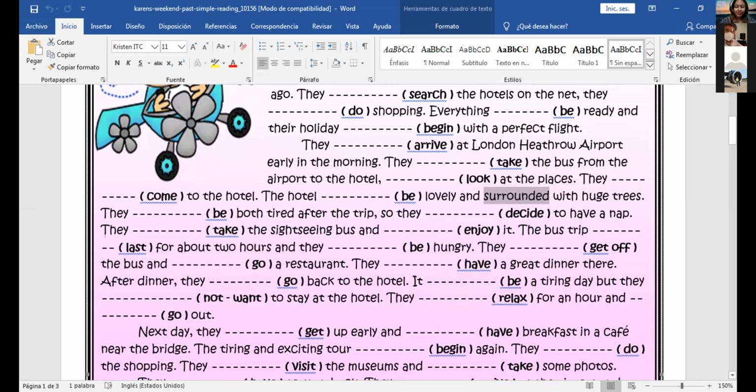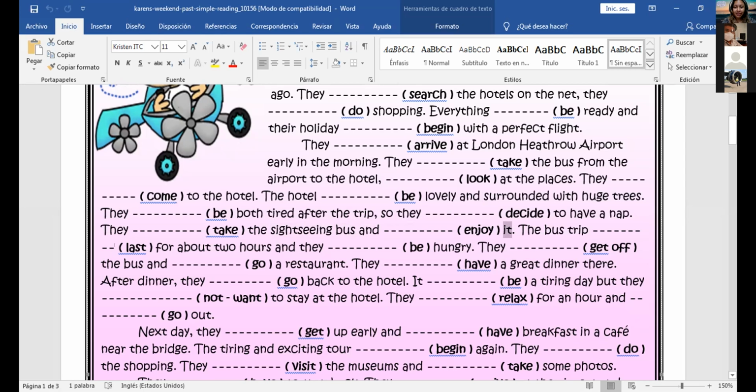They took the sightseeing bus and enjoyed the bus trip.